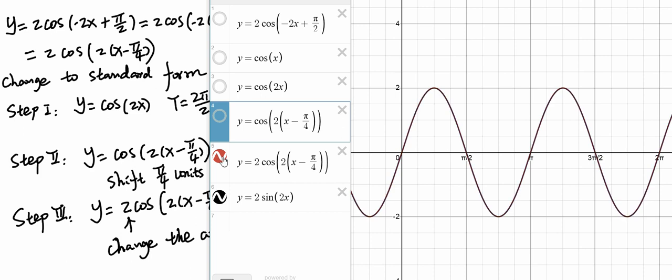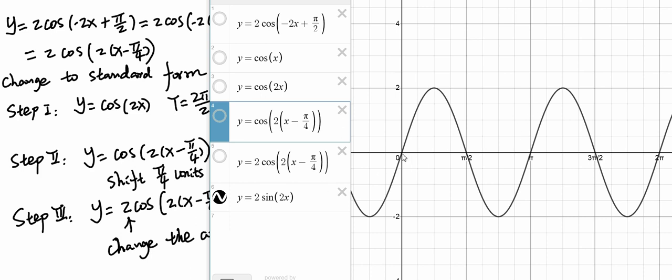Why is this one? You see, sine starts from 0, so you might think this picture was sine. That's correct. It was sine, like that. And then here, of course, you may not consider the 2 because that's just a changed amplitude.